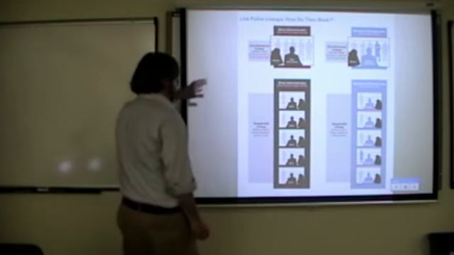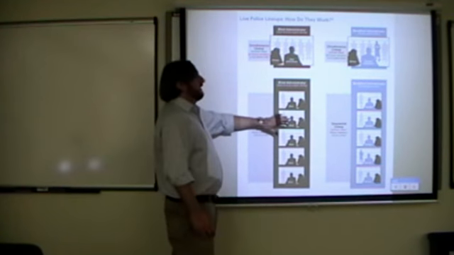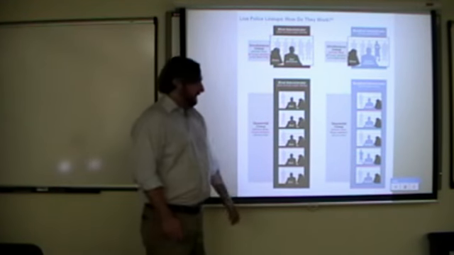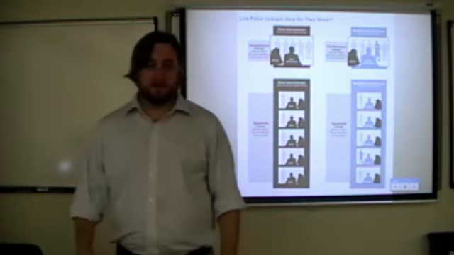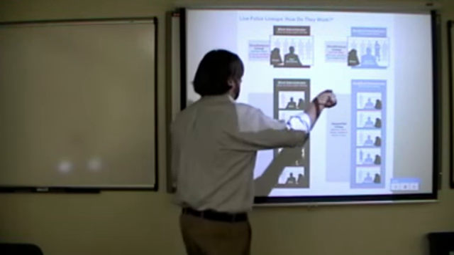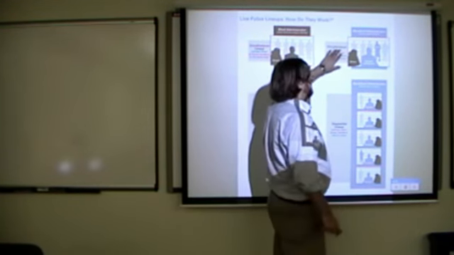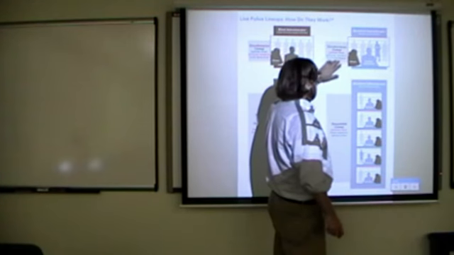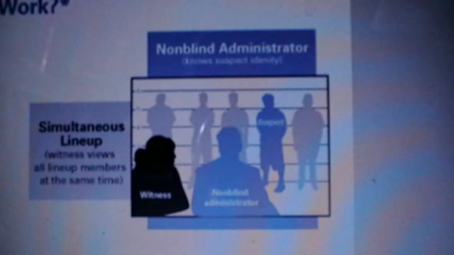So this is just a schematic of how typical lineups are conducted. Now in most jurisdictions, it's this up here. So you'll have a simultaneous lineup, and you'll have a non-blind administrator. And that would be an officer who has an idea who the suspect is.